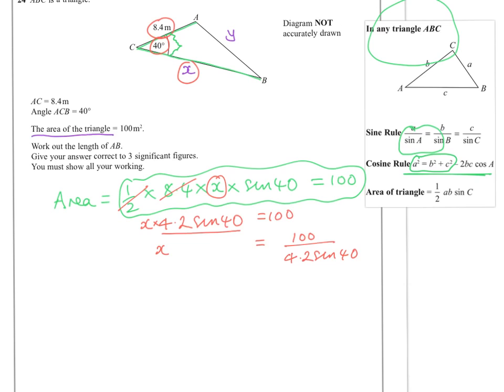So I say if that was a right angle, then we'd have 8.4 squared plus x squared, which we already know, and that would be equal to y squared, which is what we want to find.